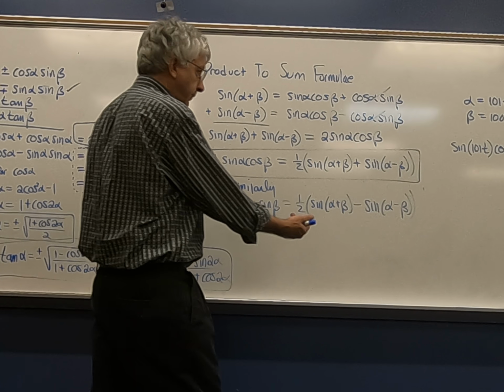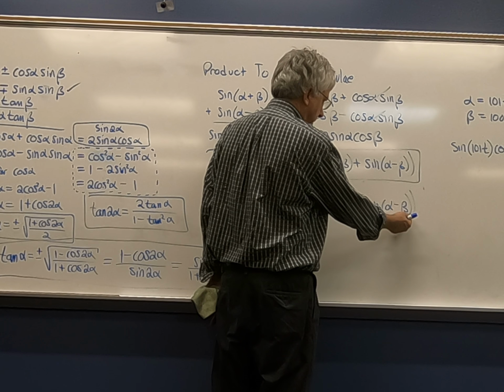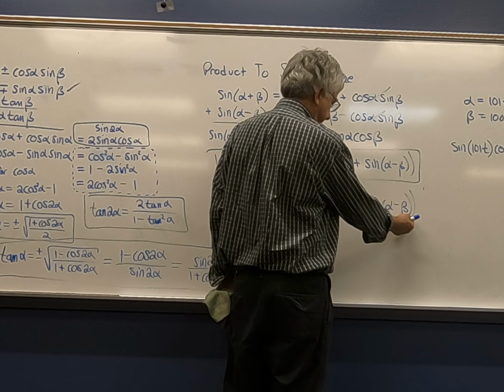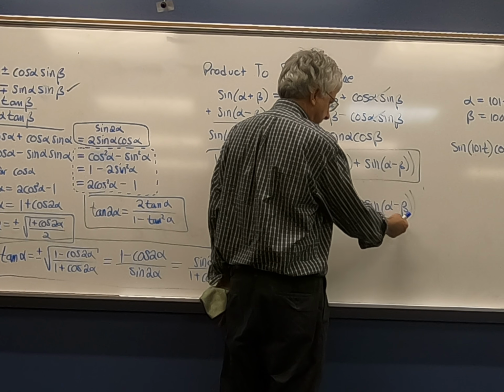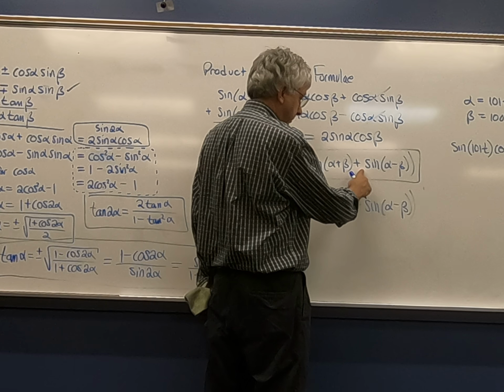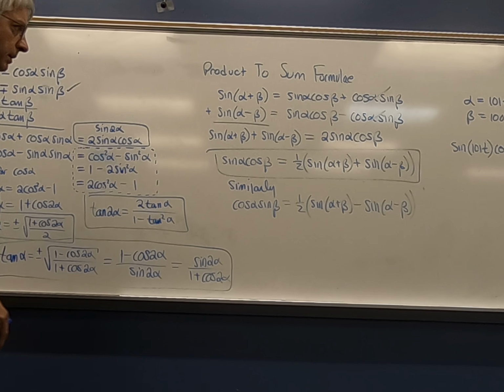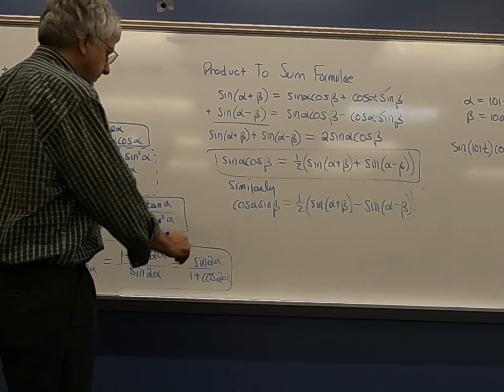If you swap alpha and beta, then you negate this difference, which would negate the sign because it's an odd function, and you get back to here. So you can get that just by looking at the odd behavior of sine. It's an odd function. So there's another one.